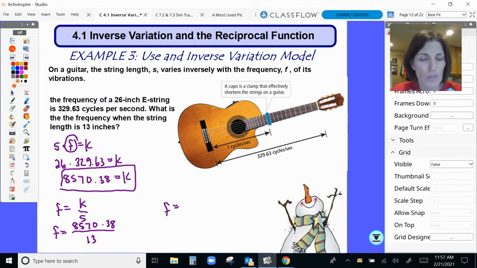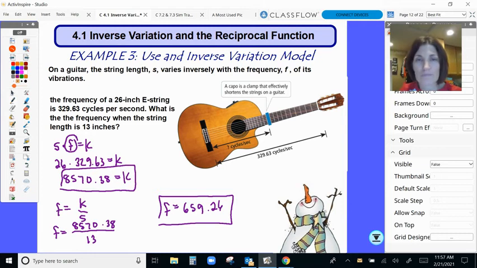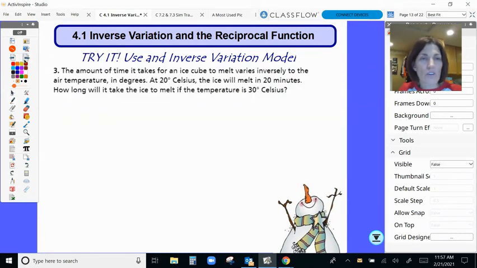So therefore, it's going to be 659.26 is going to be my frequency of a string that's 13 inches long. Okay, so I can challenge you to kind of pause this and see how you do with this, and do this on your own, and come back and see how you do.